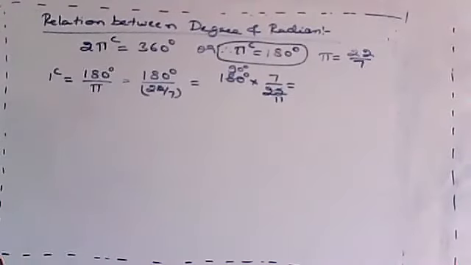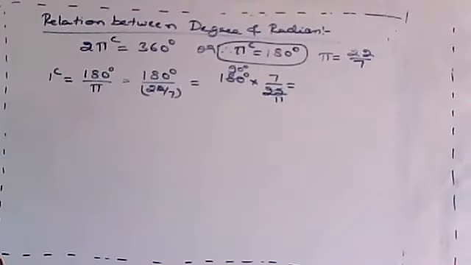Radian measure is pi by 180 into degree measure; I'm just solving the 1 radian value now. 1260. Good. So then I divide by 11. Good, 630 by 11 degree.